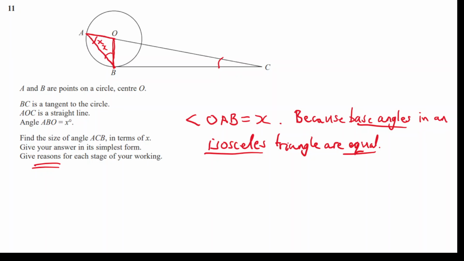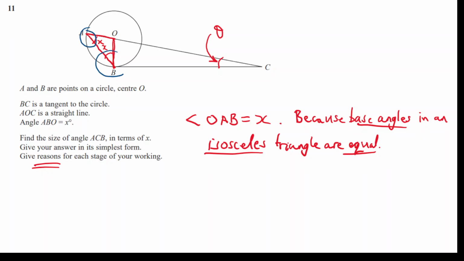Okay, next thing, I'm now looking at the bigger triangle ACB. I have to work out this angle here. Let's call this theta. So if I'm trying to find out theta, I know that the angle CAB over here we've just found is X. So this angle here we've got.